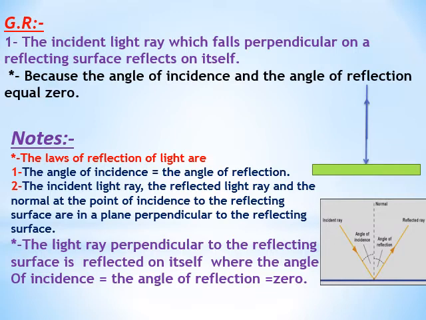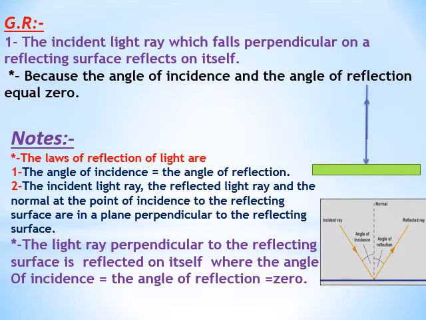Okay, in the first law we are talking about angles. Now in the second law we will talk about the light rays, the incident ray, the normal line and the reflected ray. So what is meant by the second law of reflection?